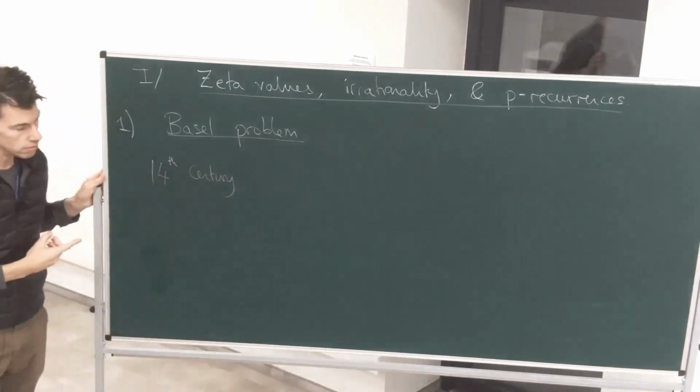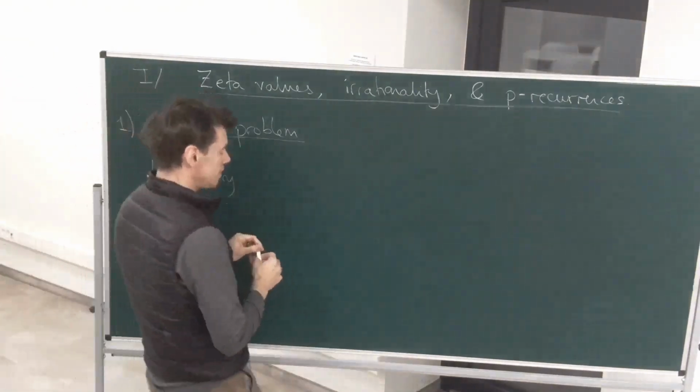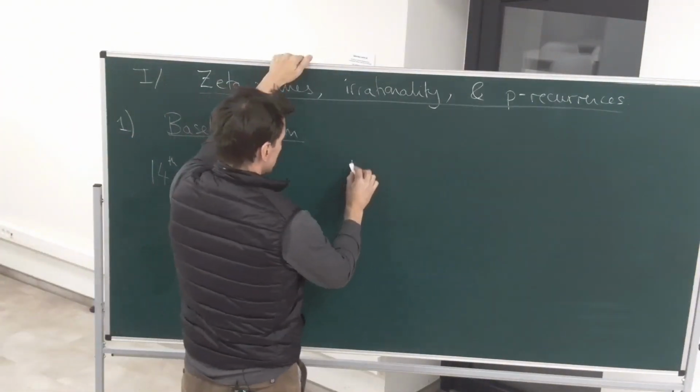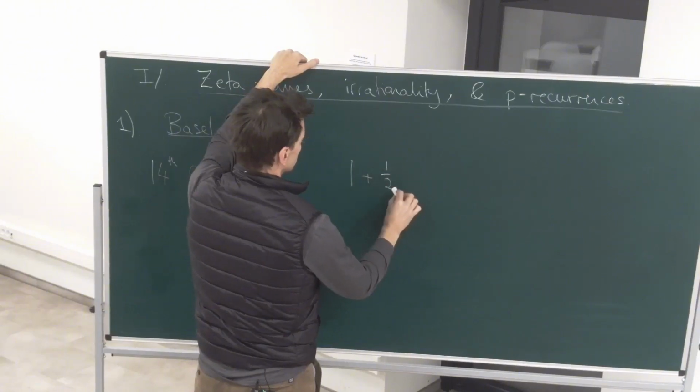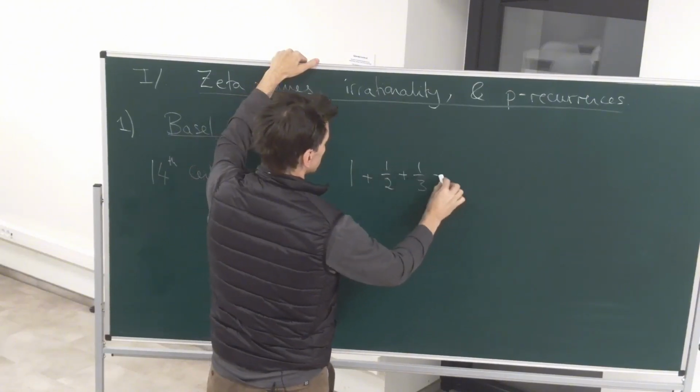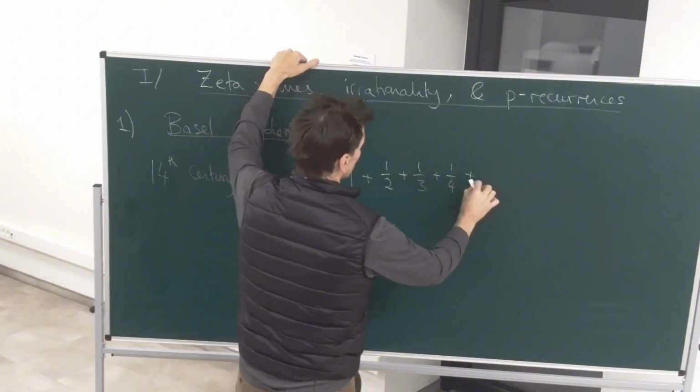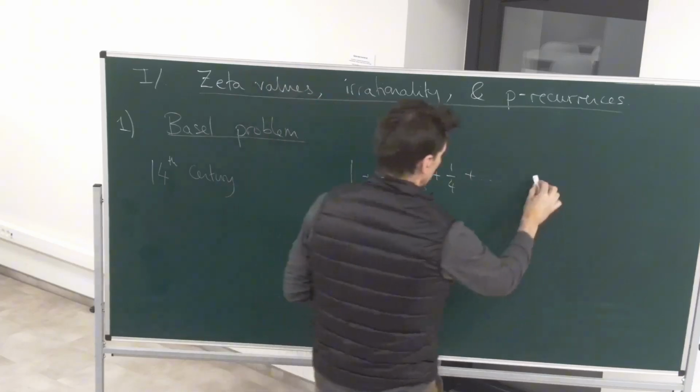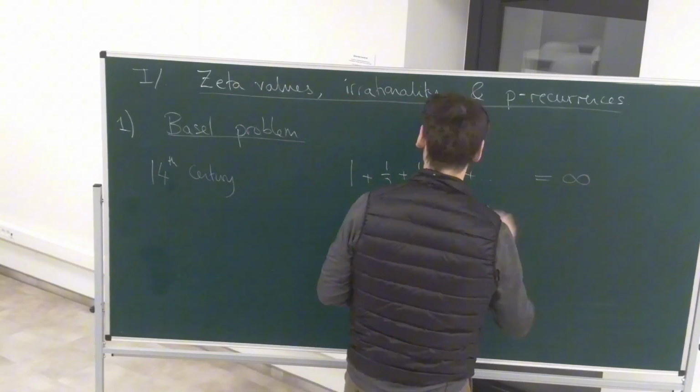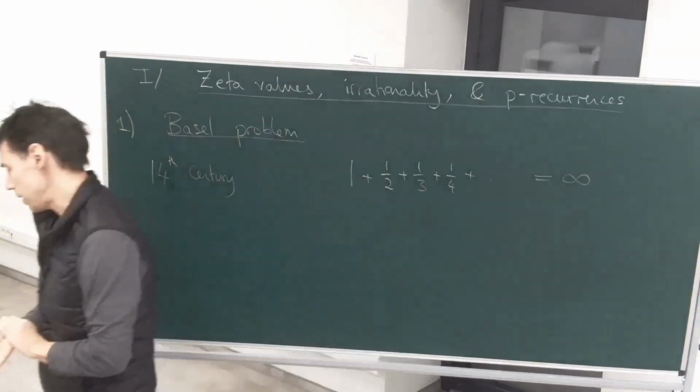Certainly the Bernoulli brothers knew this, and that's that the sum of the reciprocals of all integers is infinite. So certainly it's been known for a very, very long time.